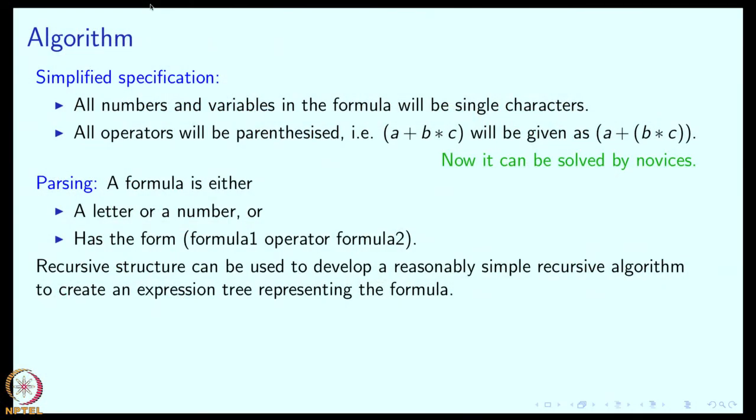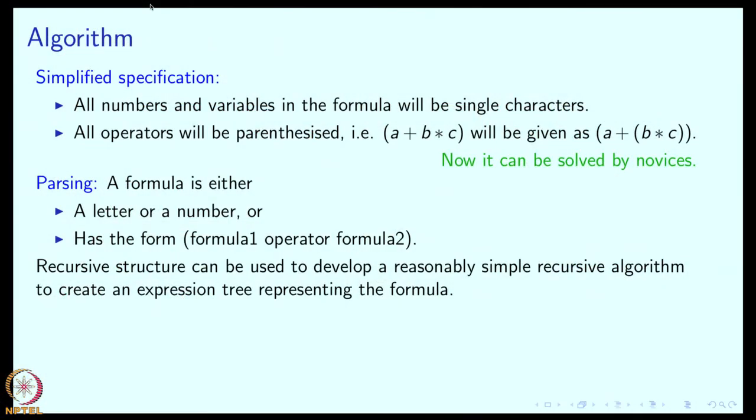Actually, the code is extremely simple. The thinking process might take some while to get used to. And the recursive structure itself can be used to develop a recursive algorithm, not just to read the problem, but while reading, convert it into an expression tree to represent the formula.